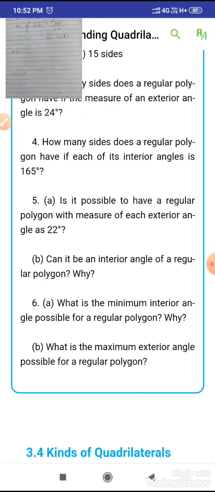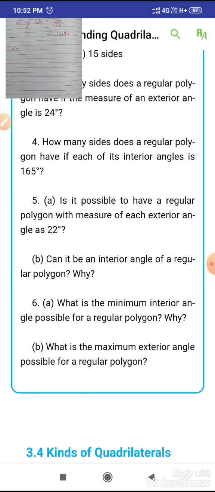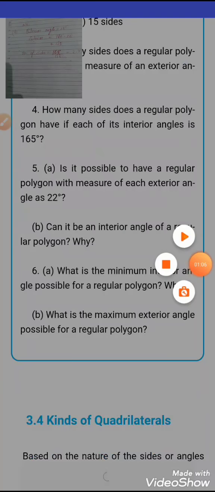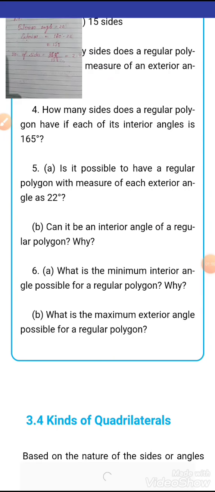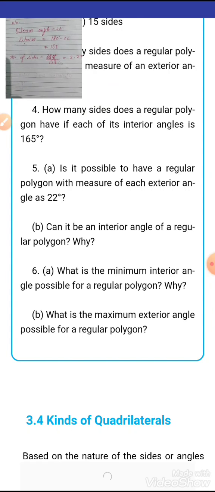In B part, can it be an interior angle of a regular polygon? Why? For this, first we have to find the exterior angle. In part B, we first find the exterior angle with the help of the interior angle, and it is given in our question that the interior angle is 22 degrees.